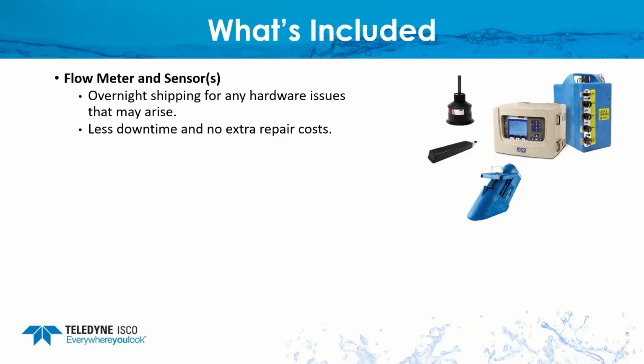If you have any issues with anything from the sensor to the meter, we can overnight replacement equipment to you at no charge. This allows you to have less downtime at no extra repair charges, because you just ship the old stuff back and we ship the new stuff to you and you'll be up and running.